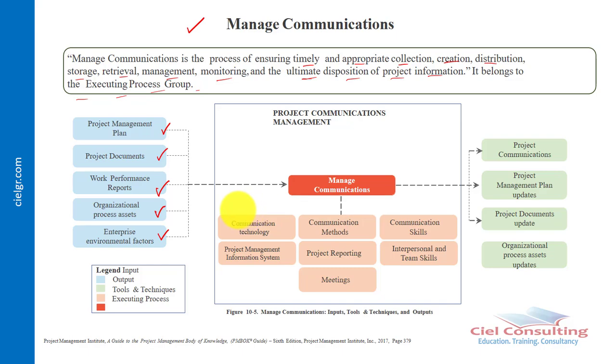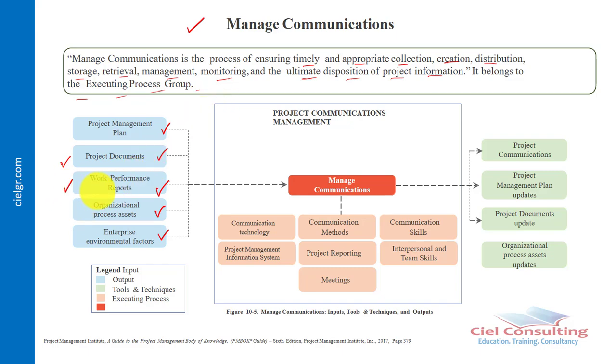And don't forget that the communications management plan is already within our project management plan. So we need it now that we're about to manage our communications. Then also other project documents. For example, you need your stakeholder list. You also need a list of your vendors, as well as other project documents that may assist you here.